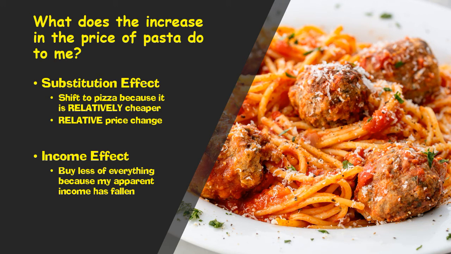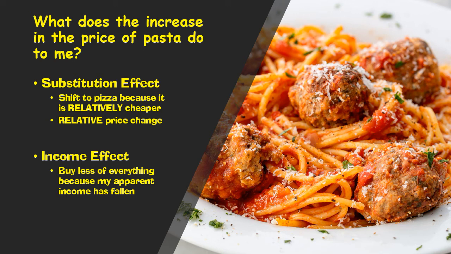But that increase in price also creates what we call the income effect. It's as if you took income away from me. There's no difference between prices going up and my income going down. If pasta goes from $20 to $40, the amount of pasta that I can buy goes down, which is the same as if my income went down. Okay? So we have both a substitution effect and an income effect. The substitution effect says I move away from pasta to pizza.